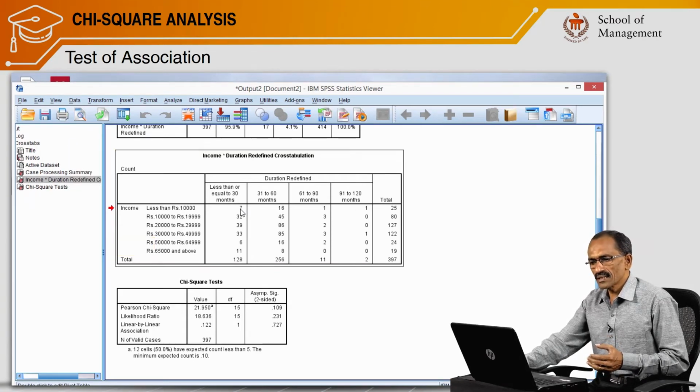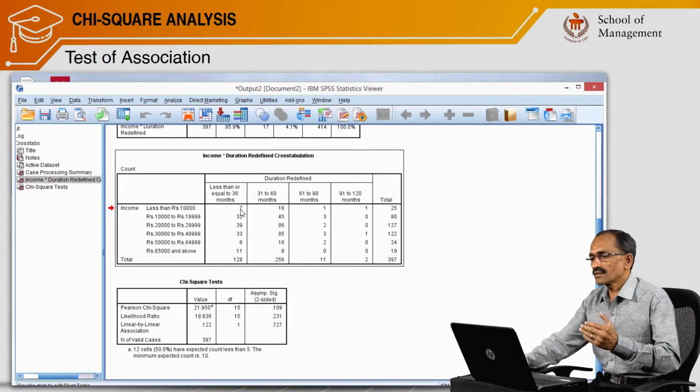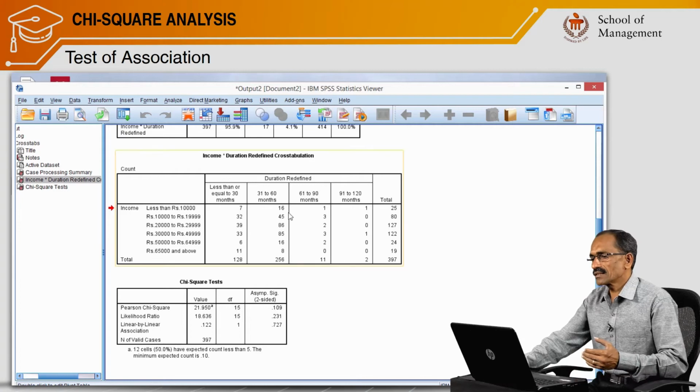This 7 means that there are 7 respondents who have less than 10,000 as their family income and have been using internet for 30 months. And their exposure to internet or cyber cafe is only 30 months. And 16 represents the same income category, but their cafe exposure is 31 to 60 months, and so on and so forth.